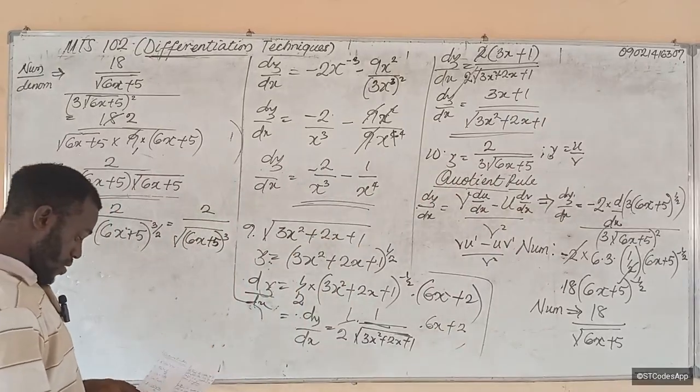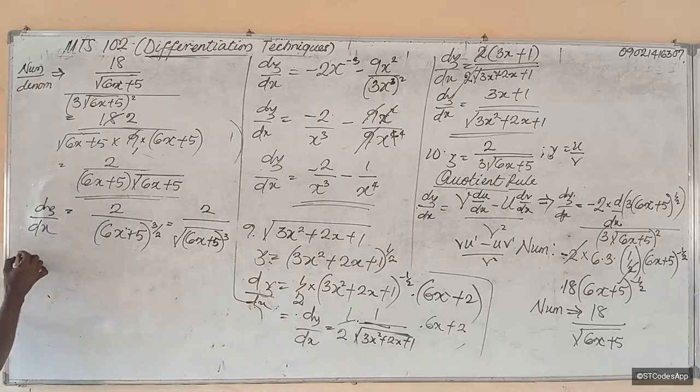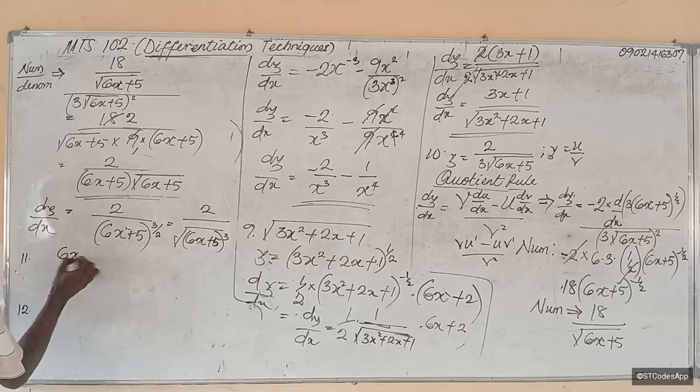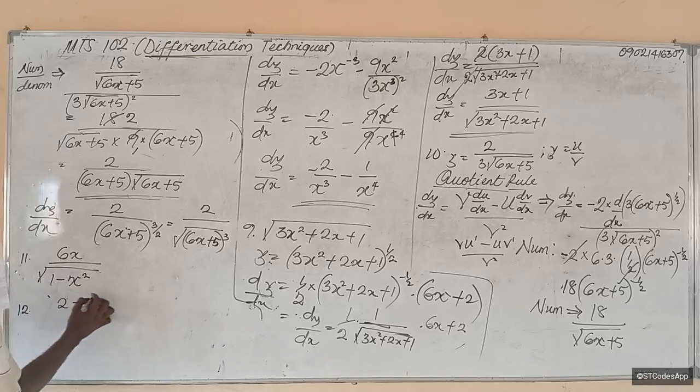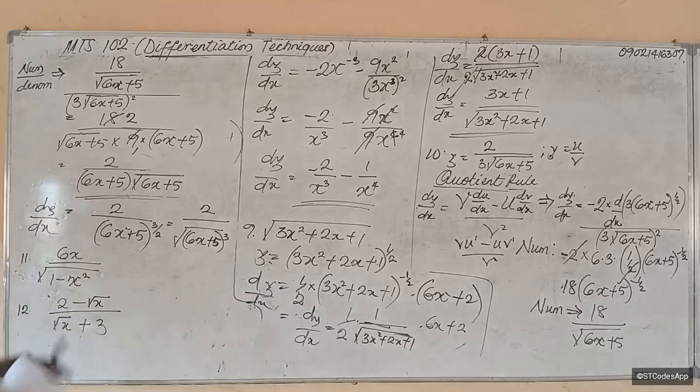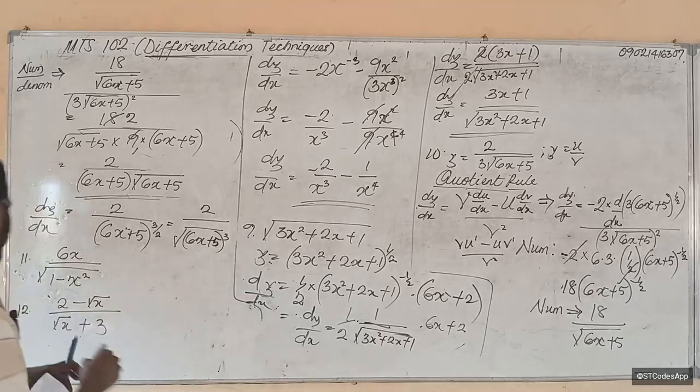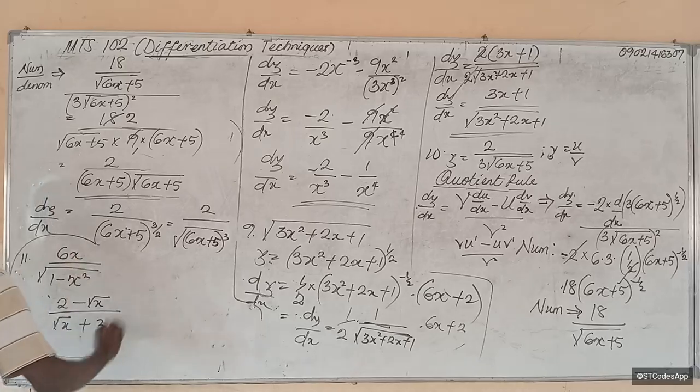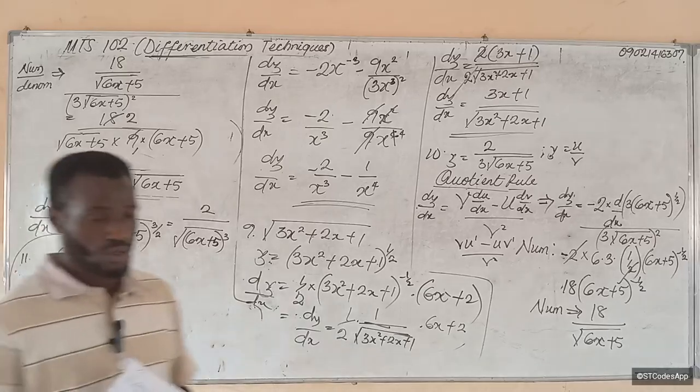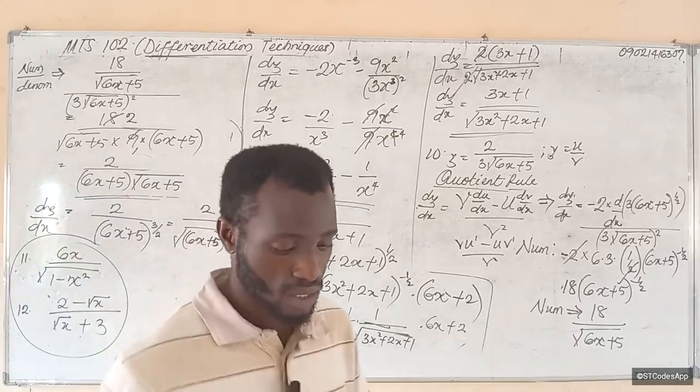So do this. That will be number 11 and number 12. Number 11: 6x over the square root of 1 minus x squared, and number 12: 2 minus root x over root x plus 3. Okay, so you should attempt these two, whilst I clean the board now to write application questions on the board.